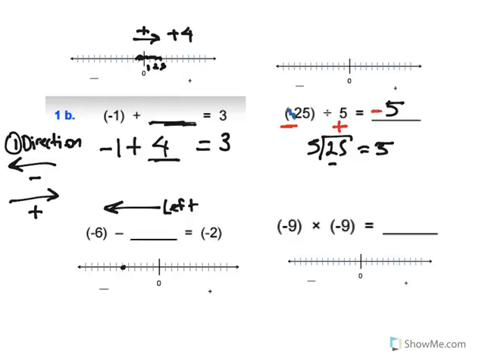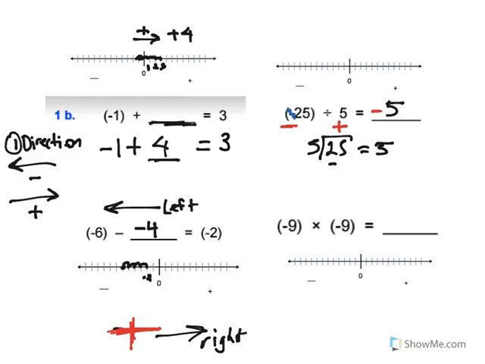However, remember, if you subtract a negative number, it turns into a positive. So now I'm going to switch my direction. I need to move to the right because the sign is positive. So how much do I move to get to negative 2? 1, 2, 3, 4. Negative 4.